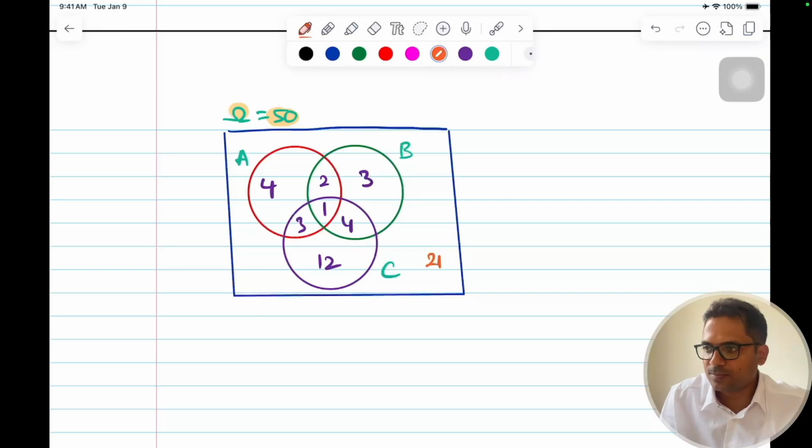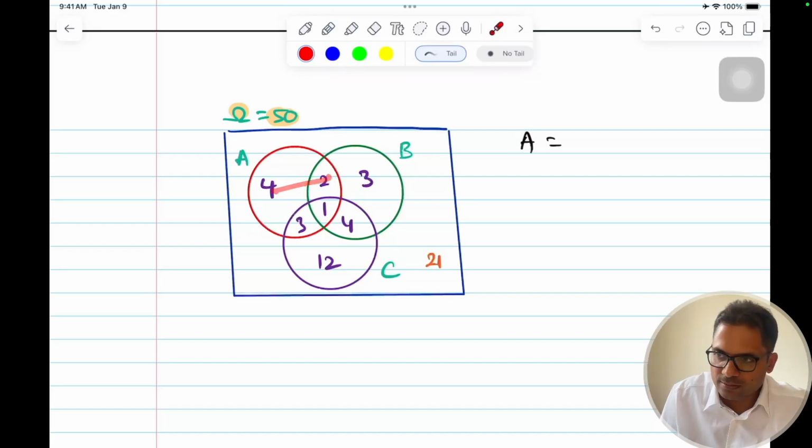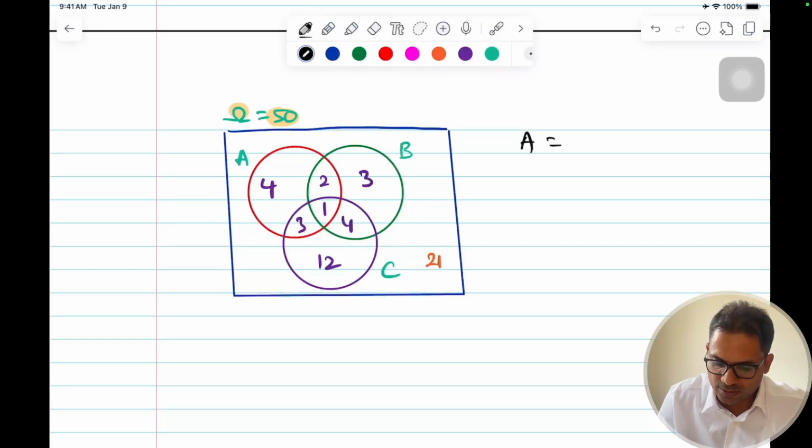Now what is the size of A? A is 4 plus 2, 6 plus 1, 7 plus 3, which is 10. Sorry for the maths, this should be 3. So A is 10.